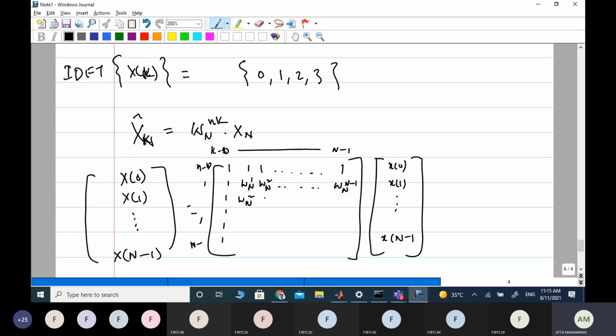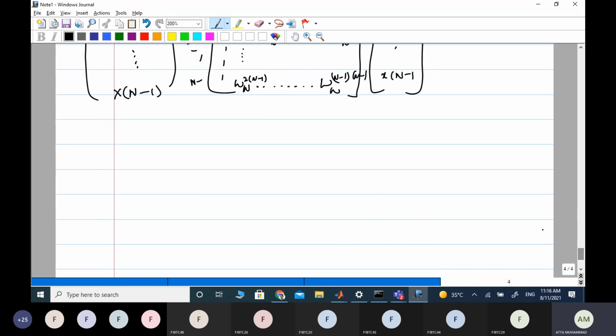Here we get W_N power 2, W_N power 4 up to W_N power 2 times N minus 1, and here we get W_N power 2 times N minus 1, right? And the last term has to be N minus 1 times N minus 1. So we have to compute this matrix first, and once we are done with computing this matrix, the job becomes very easy to compute the DFT.